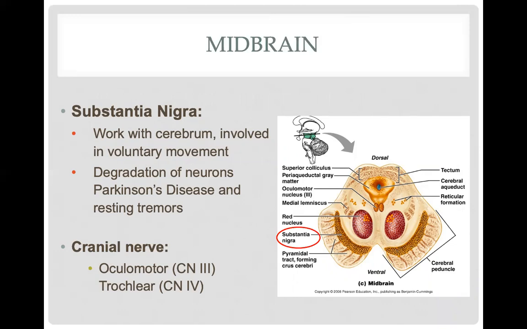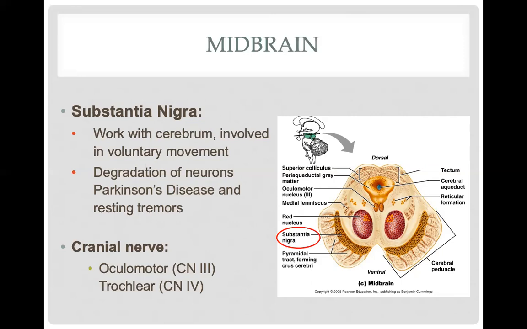Research has shown that if there is damage to the neurons or degradation of the neurons within the substantia nigra region, then there is a really good chance that that can lead into Parkinson's disease. Or in another sense, people who have Parkinson's disease, the tests have shown that there is significant degradation of neurons in this region.